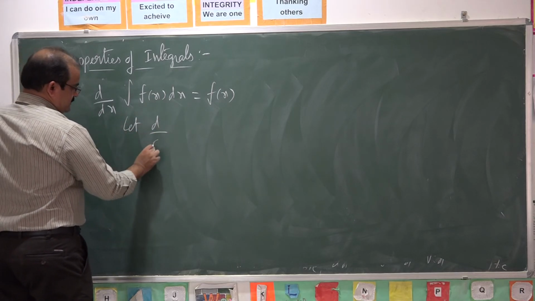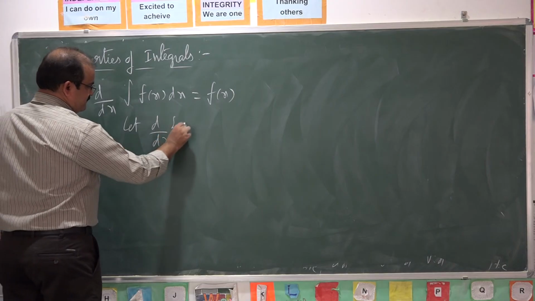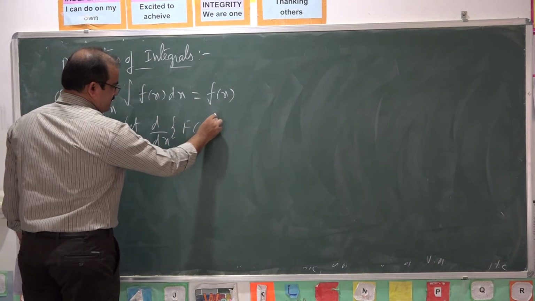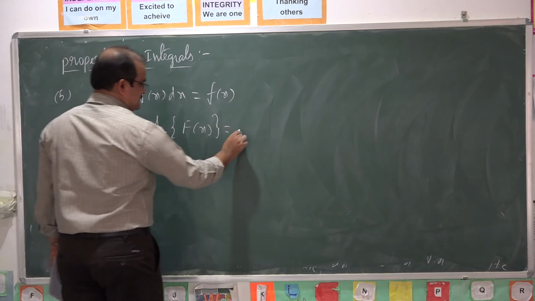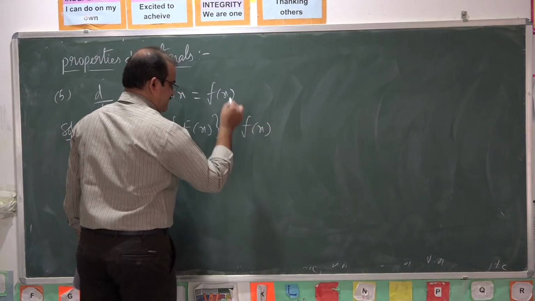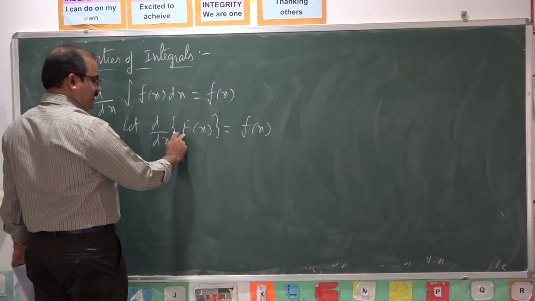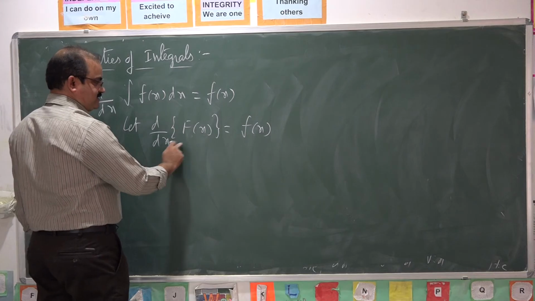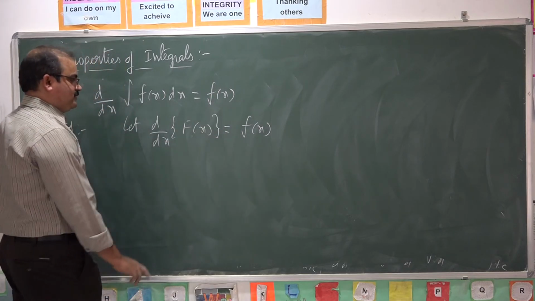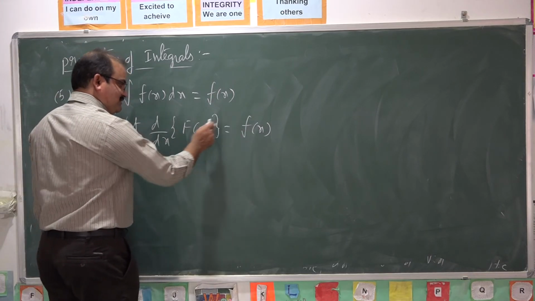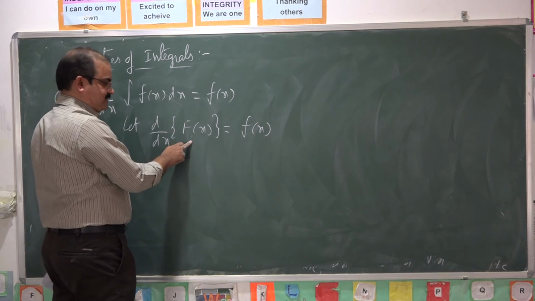Let d by dx of capital F of x is equal to small f of x. Here derivative of capital F of x is small f of x. Small f of x is the derivative of capital F of x.